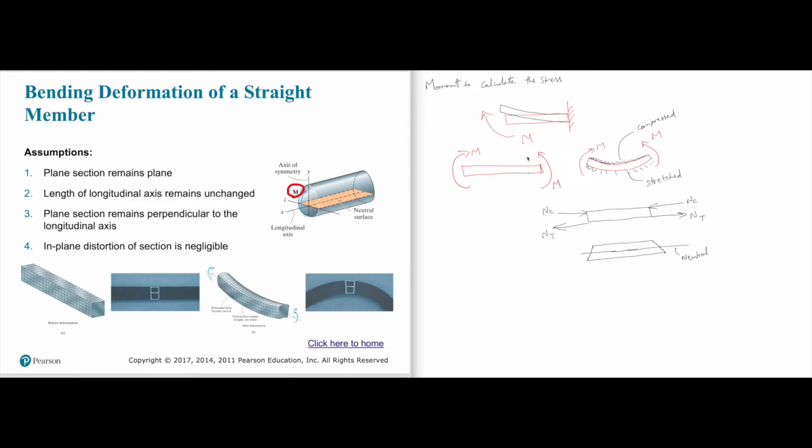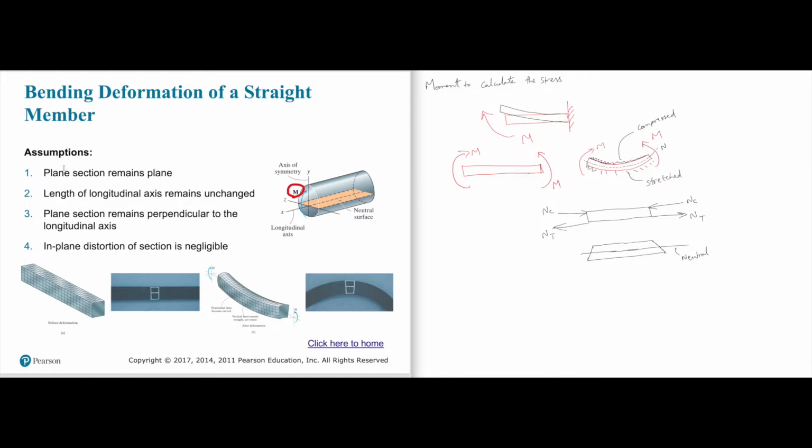We call that the neutral axis. In this picture, there is a neutral axis somewhere here. We're trying to set up the concept so we can apply it in situations where we have moment. That is what is shown on the slides here. There is a neutral surface.